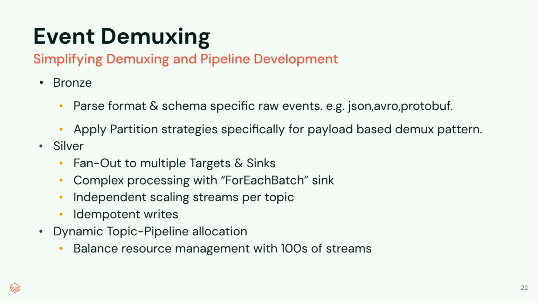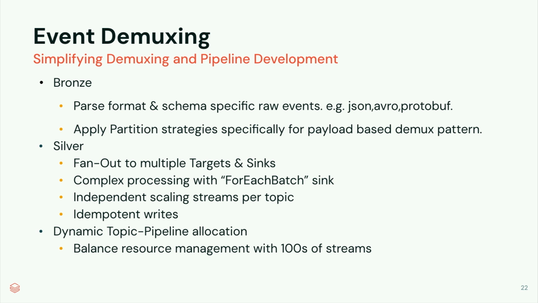And the foreachBatch sink helps when your demux comes with some complex logic. Let's say you want to enrich your event with reference data sets, or apply some rules before, for example quarantining the bad data sets to Kafka and writing valid data sets to Delta.